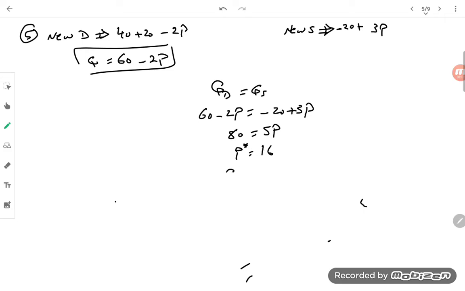Now we have to substitute in QD or QS to find the equilibrium quantity. It's 28.